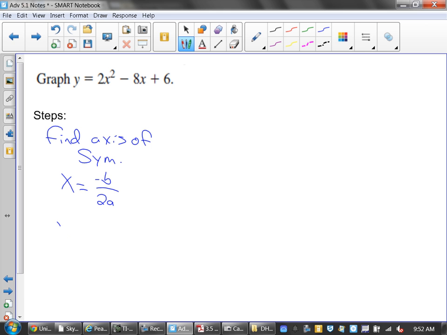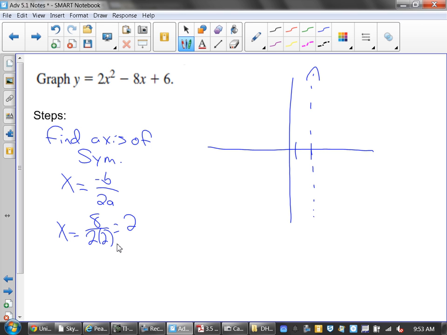In this case, it's going to be x equals the opposite of negative 8, so 8 over 2 times 2, which is 2. So I know that if I rough sketch a graph, I will have a vertical line through 2. My axis of symmetry lies at 2.